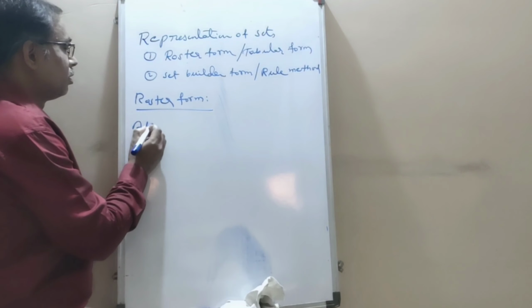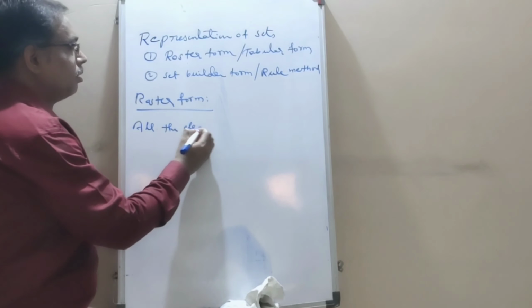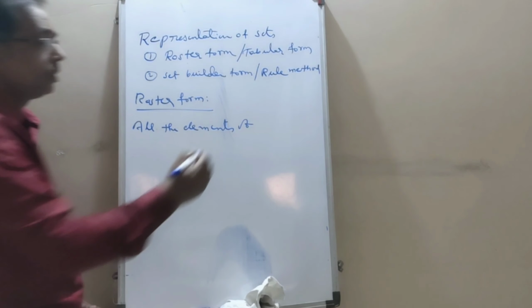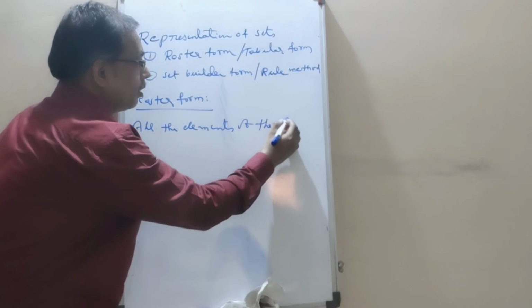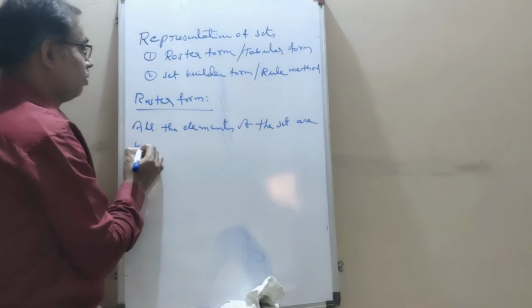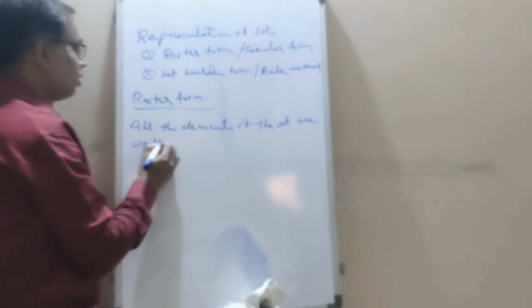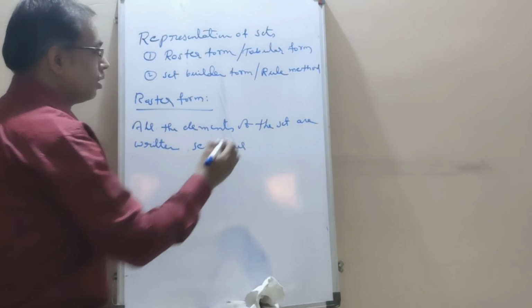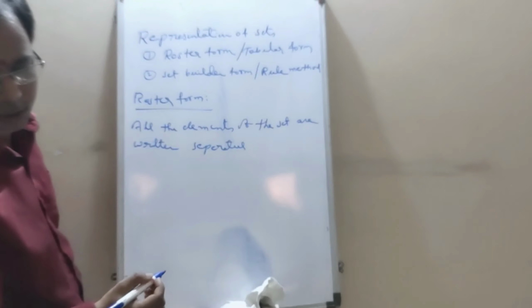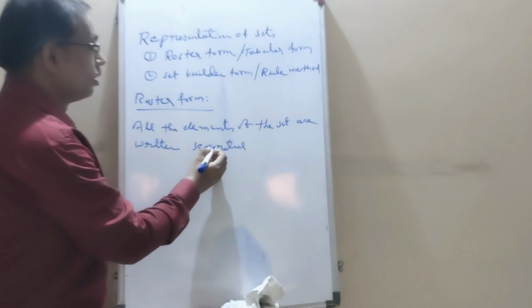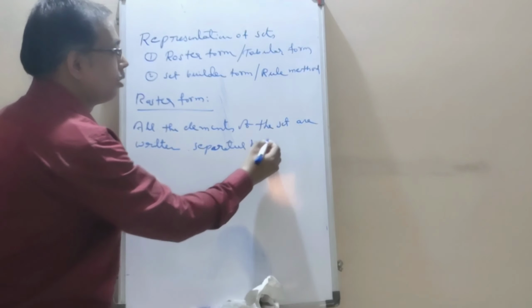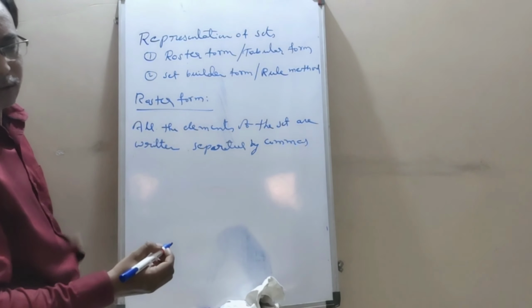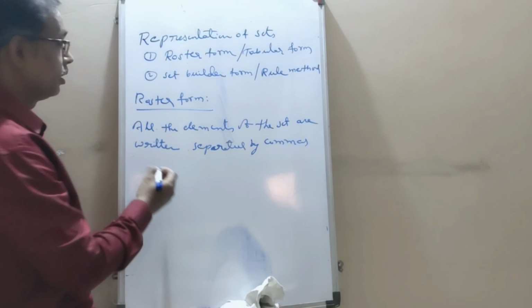All the elements of the set are written and separated by commas within curly brackets.